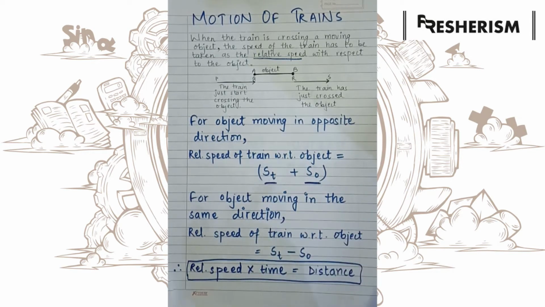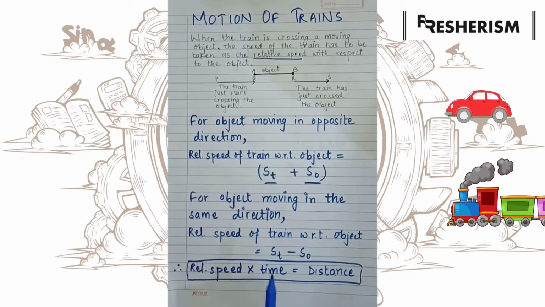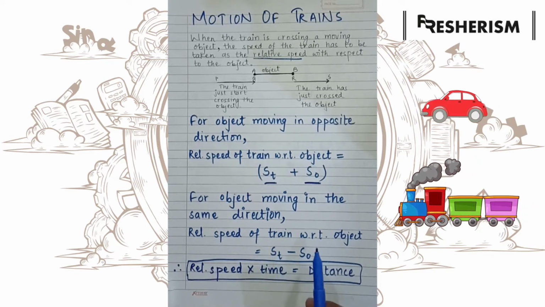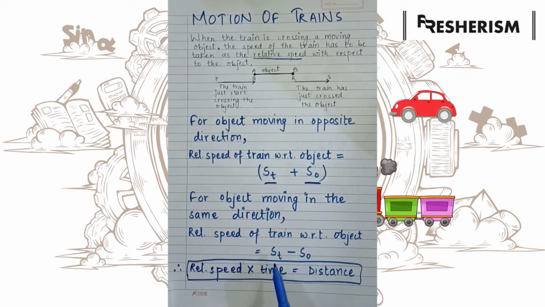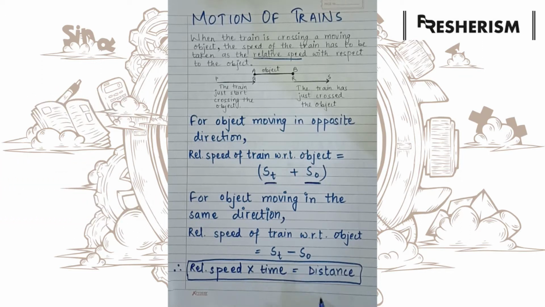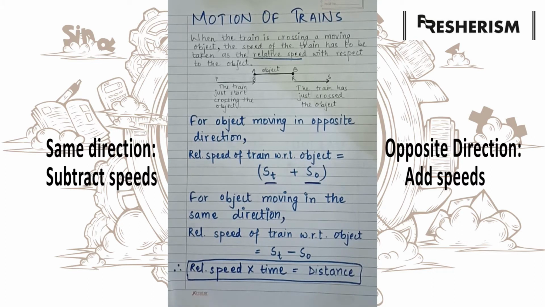And for an object moving in the same direction as that of the train, the relative speed of the train with respect to the object will be equal to speed of train minus speed of object. This is the same as we have discussed in the relative speed concept. When the objects move in same direction, then we subtract the speeds, and if they move in opposite directions, then we add the speeds.